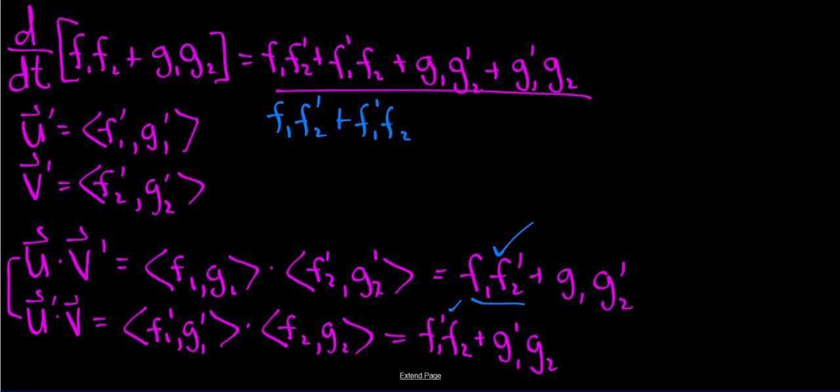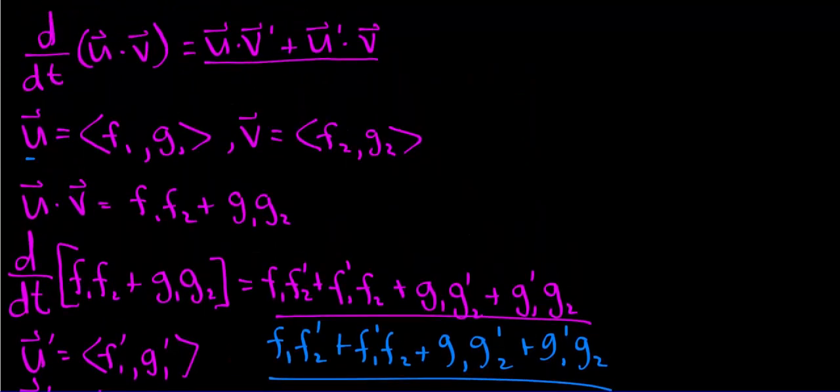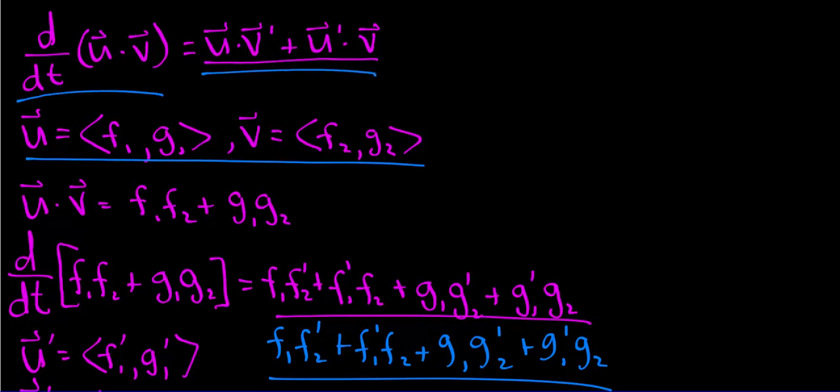And then for the g's, I've got g1 g2 prime, and finally this one over here, which is g1 prime g2. There. And that's exactly what we wanted to show. So to verify this, all I did was pick general vectors, go through and do the work, and show that they're equal. Whether we do this or this, we get the same result.